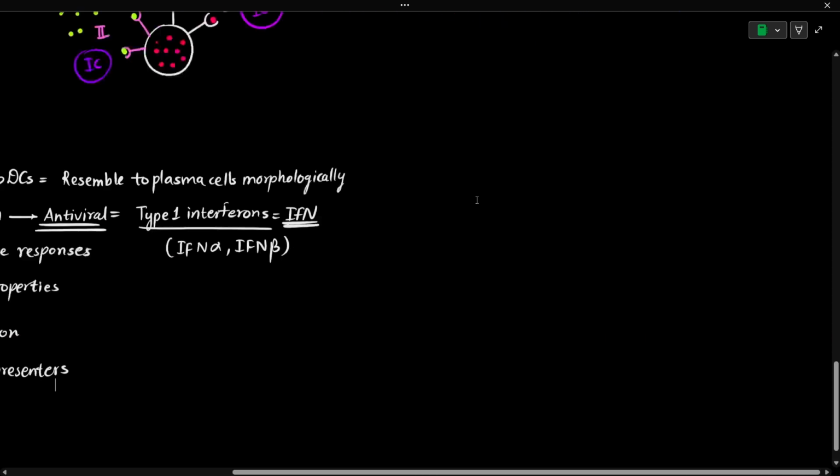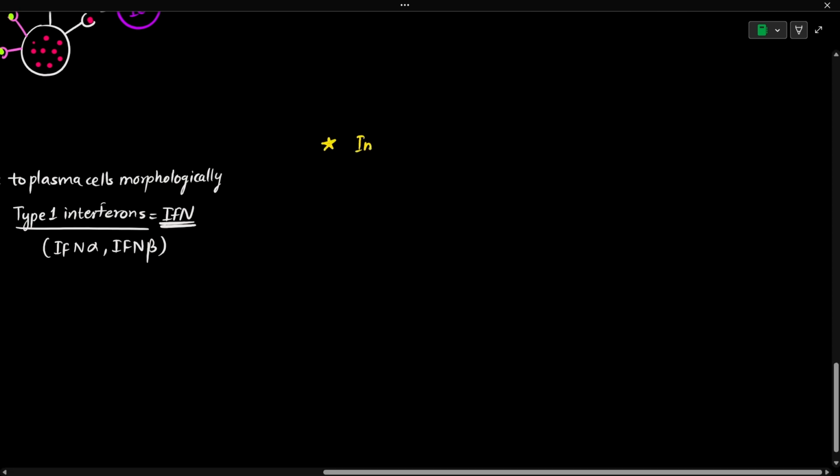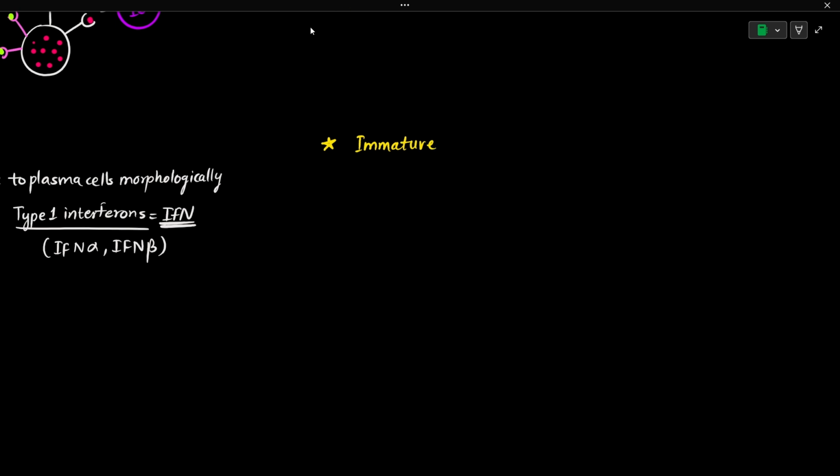This is a very important point to note down: when the dendritic cells are in their immature form, the priority of the working mechanism is given to phagocytosis. They are highly phagocytic, but very poor antigen presenters. So they are poor in T cell activation.